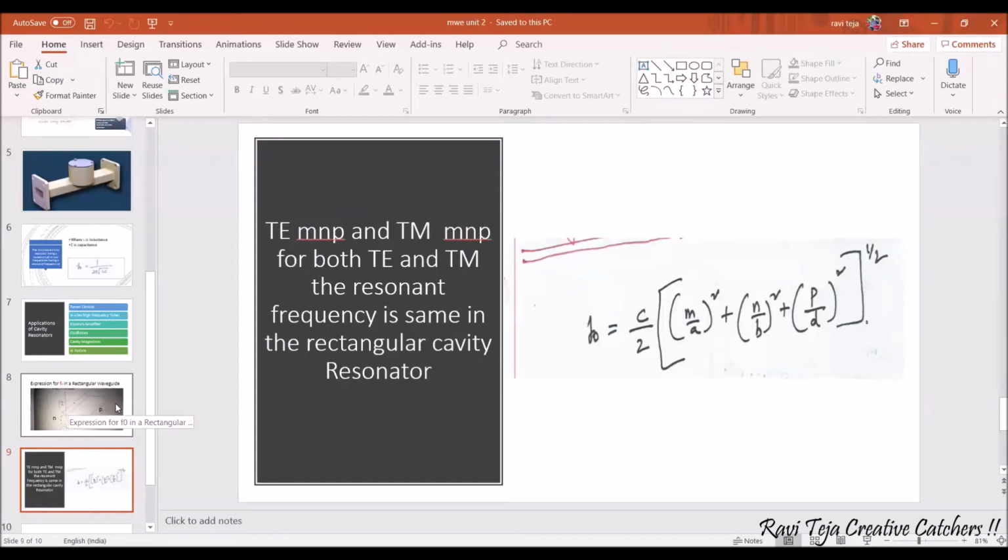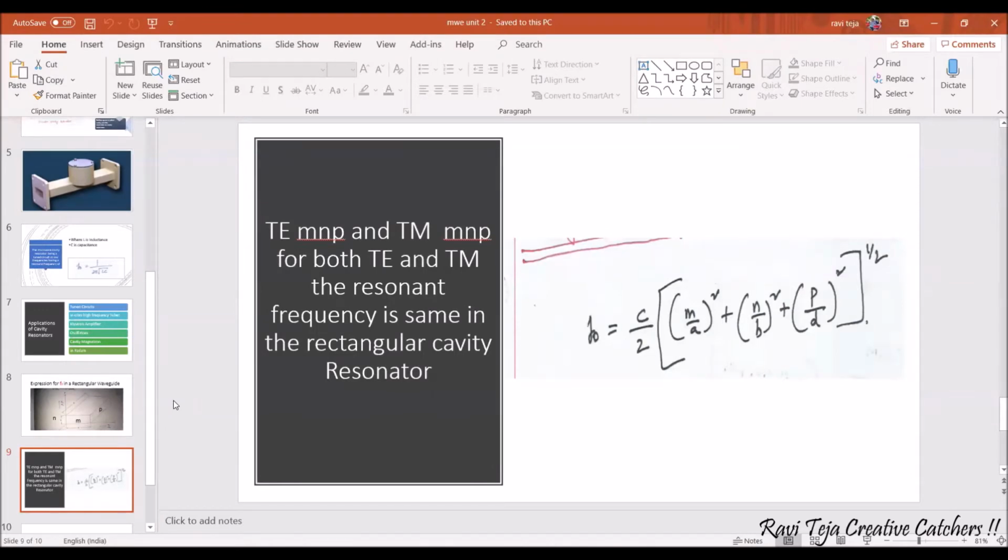A rectangular cavity resonator is used for generating a microwave frequency. In these cavity resonators, we have circular cavity resonators and rectangular cavity resonators. Both will be operating in two modes, either TE mode or TM mode.